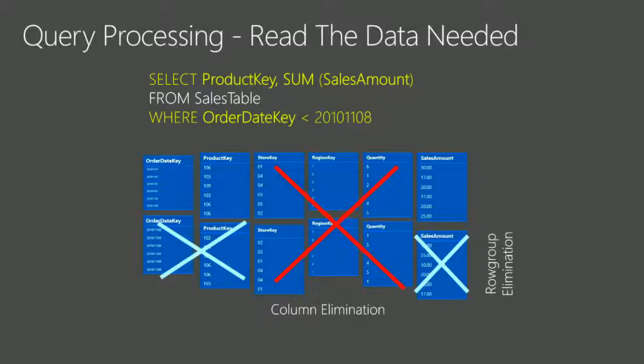Imagine there are lots of row groups, and because I have min and max for every column, depending on what predicate you use, SQL Server can figure out which row groups to read, right? So this thing is called row group elimination.